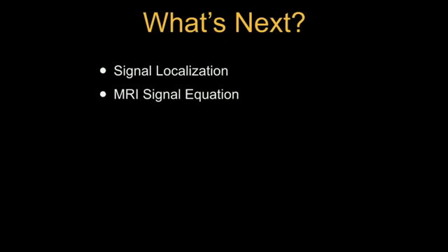I've given you a very quick glance at the MRI signal equation, but it's actually more involved than that. We assumed that we already had the magnitude and phase of each spin, and we could just sum everything together. In the real world, you actually have to induce and collect those signals, and later on Dan will talk about how this is actually done physically.